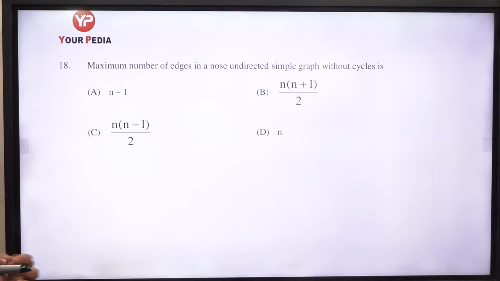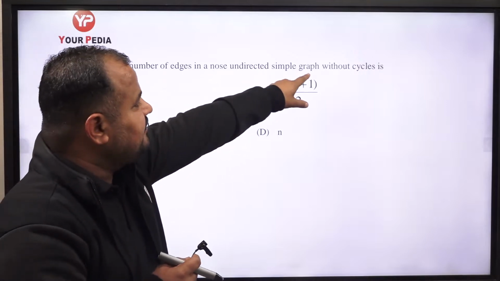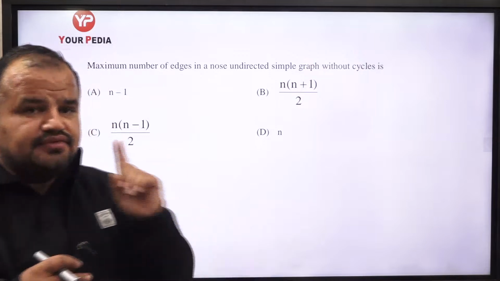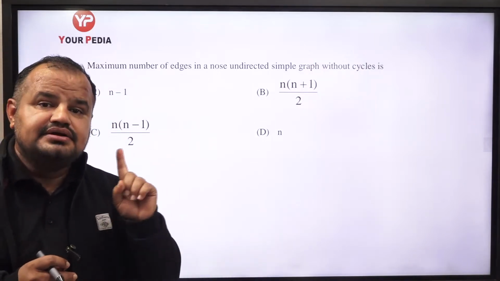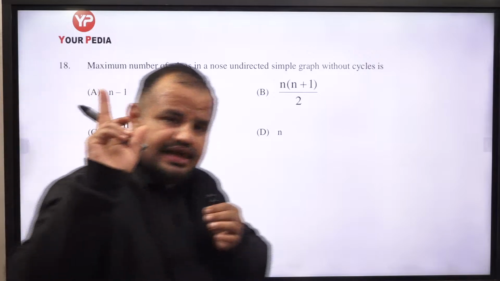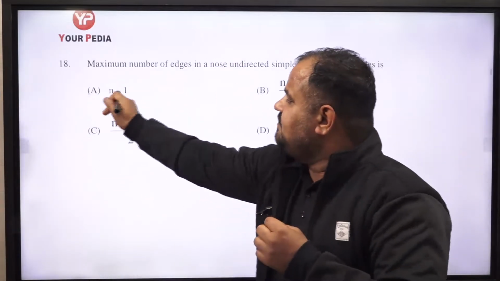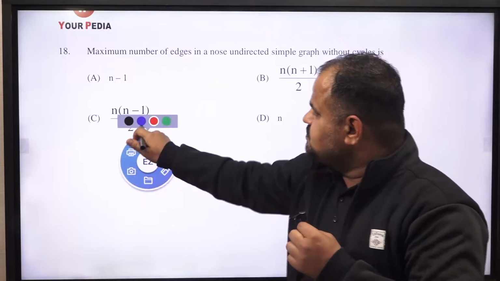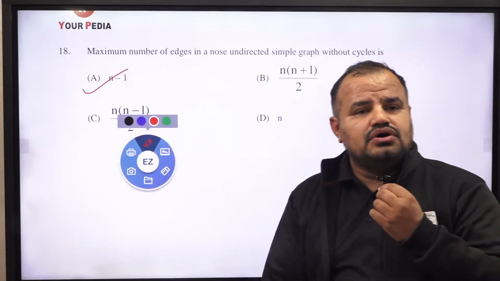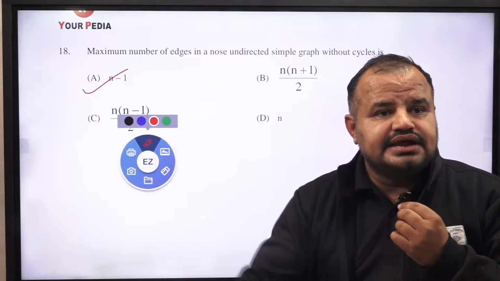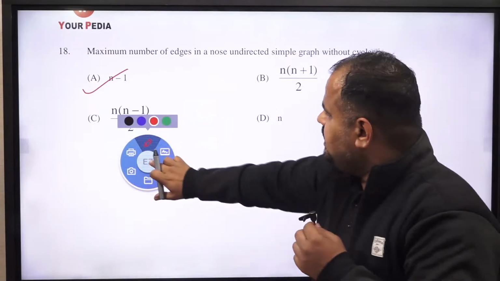No, my dear students, maximum number of edges in an undirected simple graph without cycle: if a graph doesn't have a cycle, it means that is a tree. And in a tree, if we have n vertices, we have n minus 1 edges. So the right answer is A. Because a graph which does not contain a cycle is a tree. Fine, my dear students, so keep in mind, answer is A.